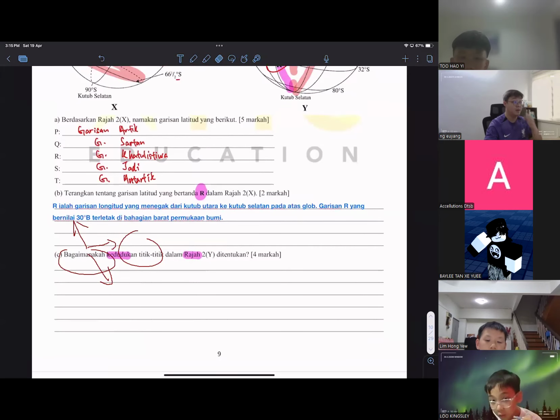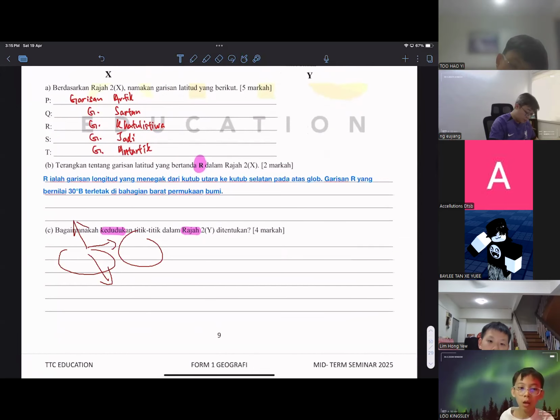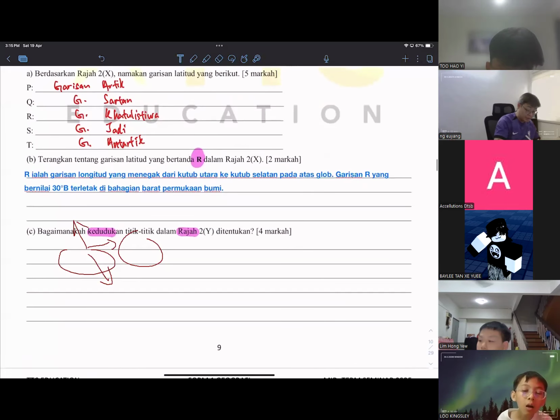How do we identify the titik? So how to menentukan the kedudukan? So remember, we always try to combine the latitude first.